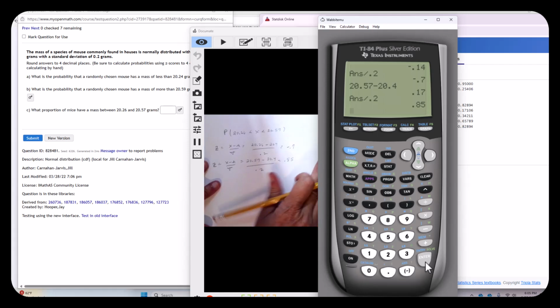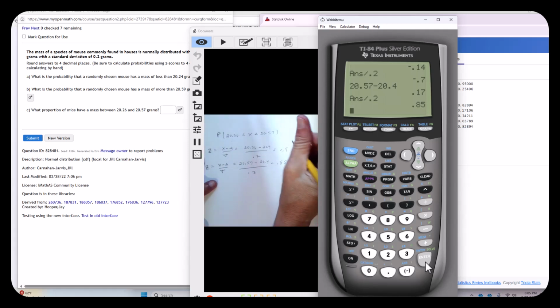Okay, so the next thing I'm supposed to do, where I change these to z-scores, is change the probability statement. The probability that 20.26 is less than x is less than 20.56 is approximately the same thing as the probability that negative 0.7 is less than z is less than 0.85.